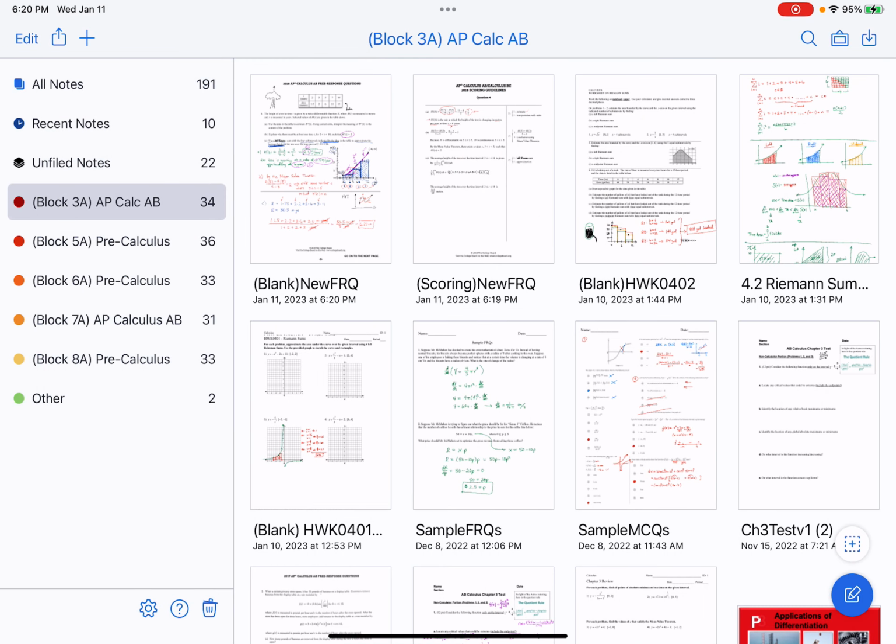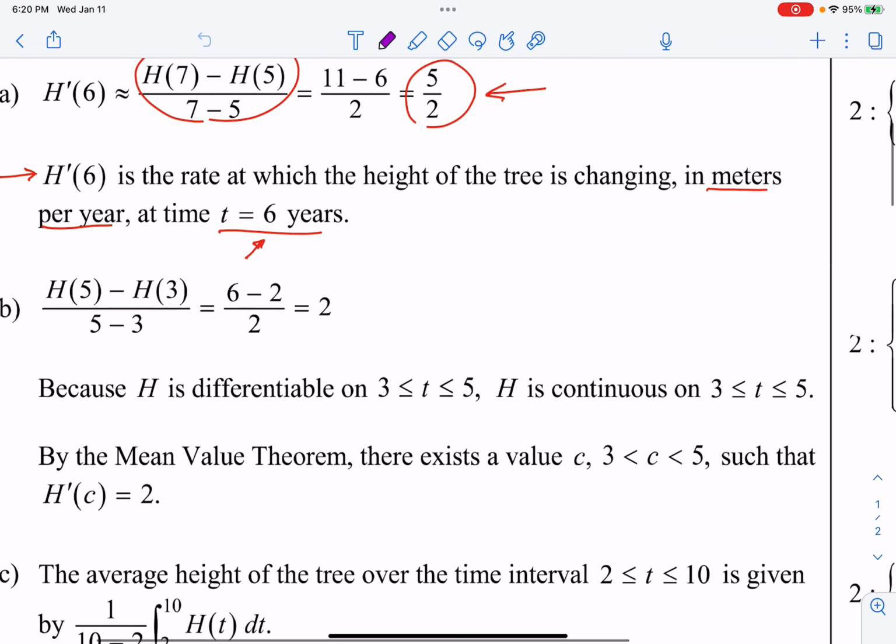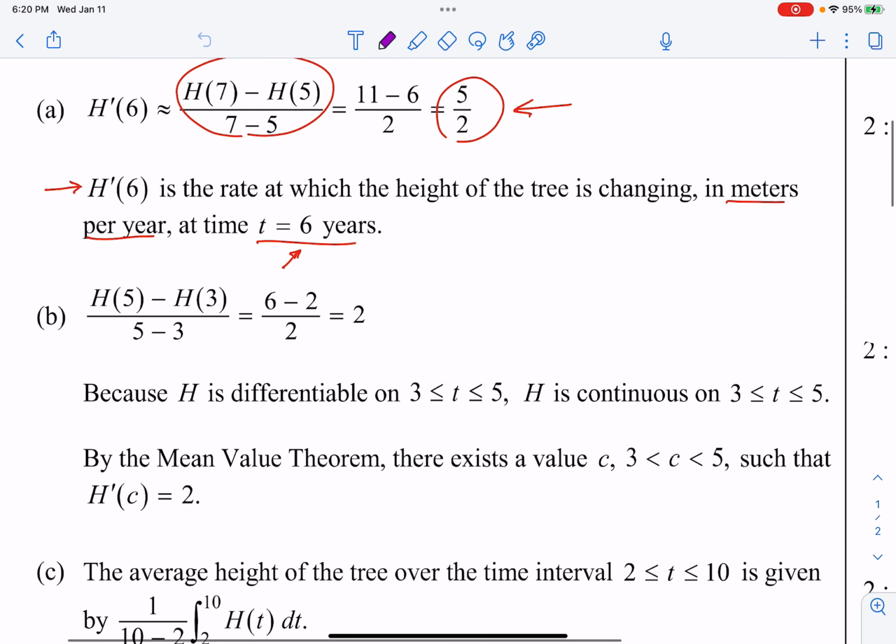Let's go over scoring guidelines for B. All right, so notice here, they do the same calculation that we did, right? So h of 5 minus h of 3, that gave us 6 minus 2 over 2, which equals 2, right? So they're calculating the slope between those 2 points, just like we did.